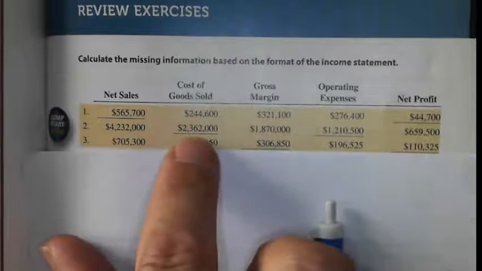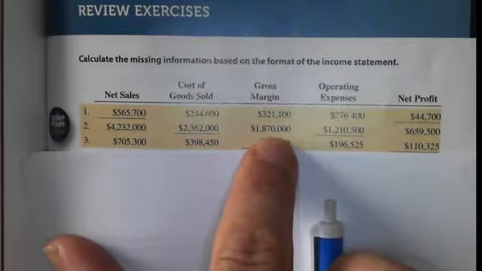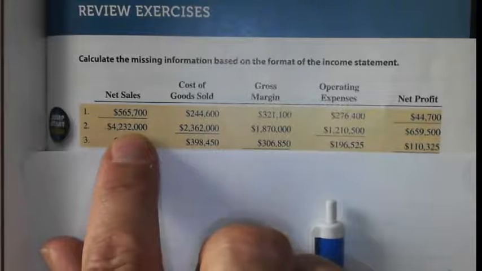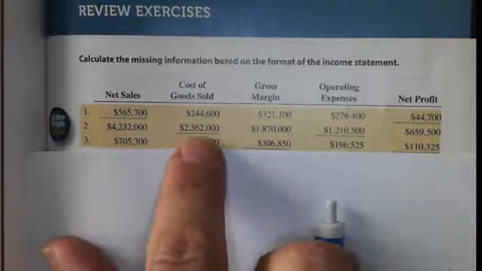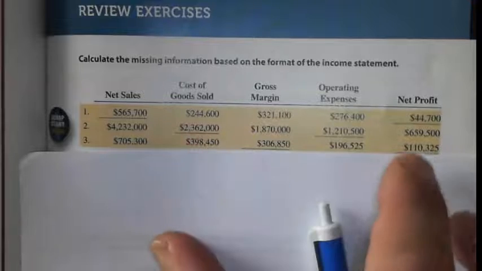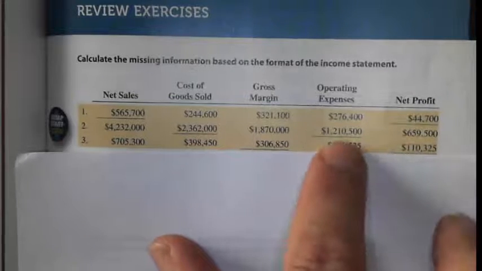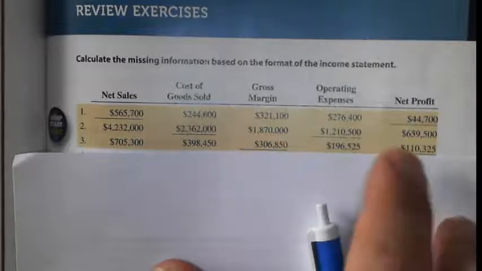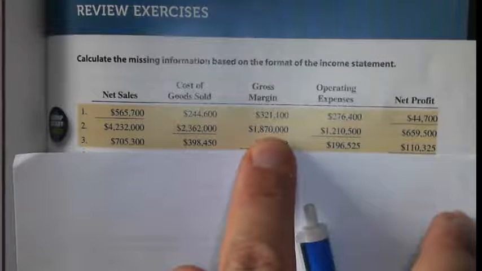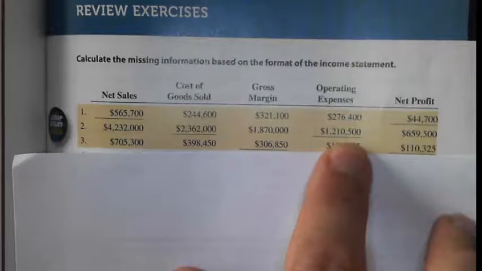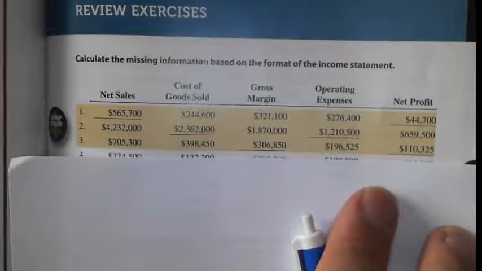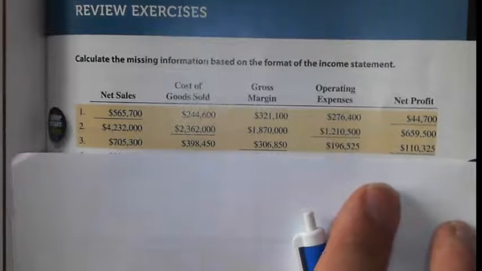If this minus this number is this, we can swap those out by subtracting your gross margin from your net sales to get the difference, which is your cost of goods sold. And the same thing over here. If you're missing your operating expenses, and you know your gross margin and your net profit, you would just subtract your net profit from your gross margin to get the difference, which is your operating expenses. So it's simply maneuvering the information around.